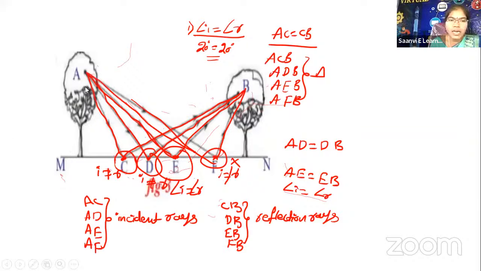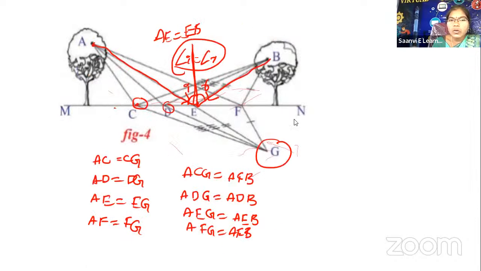So the incident rays are AC, AD, AE, AF. Next, the reflected rays are CB, DB, EB, FB. Here we have to select according to the laws of reflection.